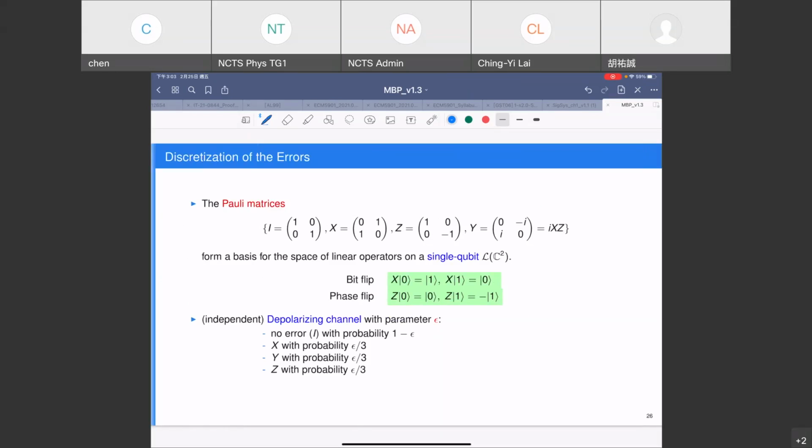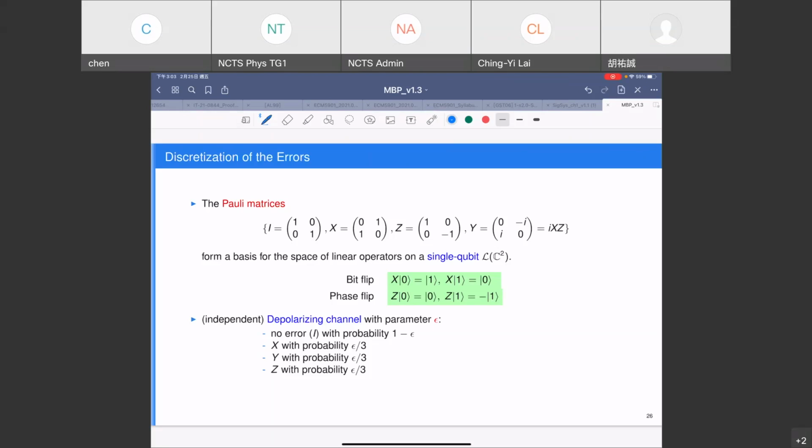This is because you can imagine that an error process is a unitary operator, and you can decompose the operator into these Pauli bases. And there is a theory called error quantization. You can perform some measurements in these bases, and the unitary errors will be decomposed into linear combinations of these errors.